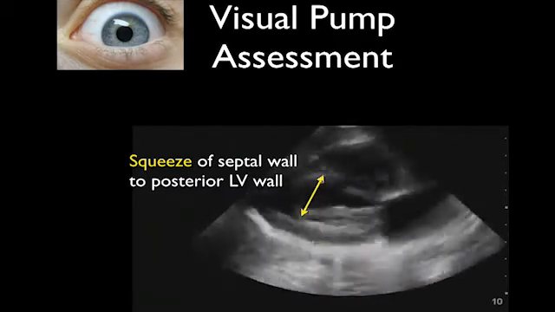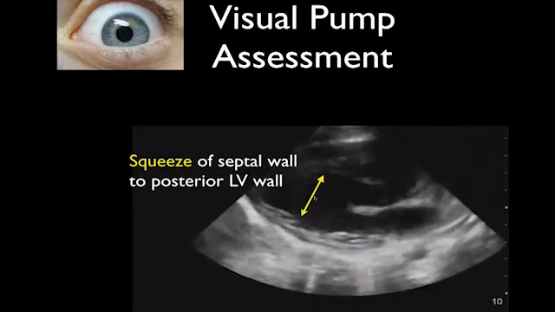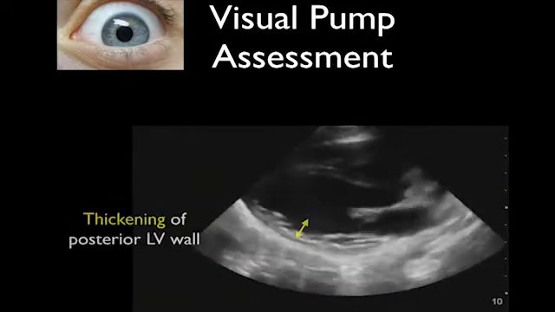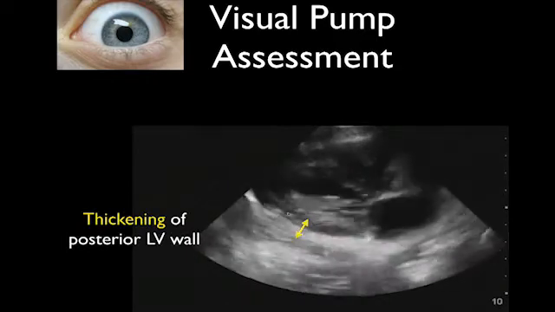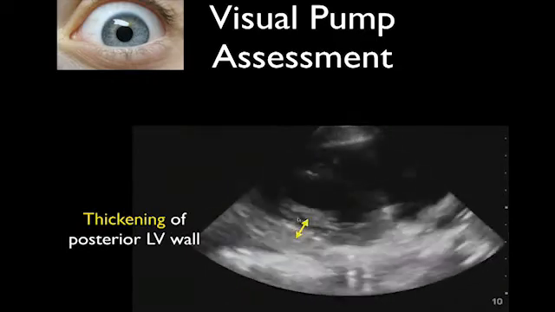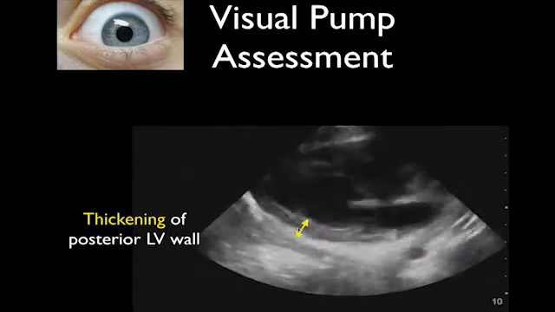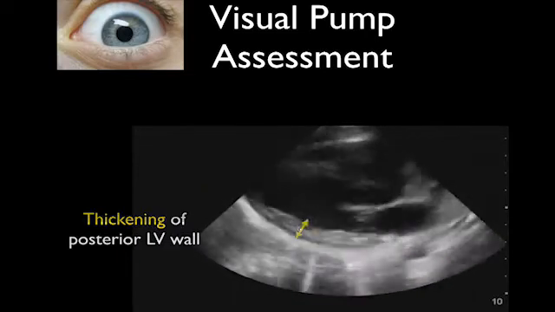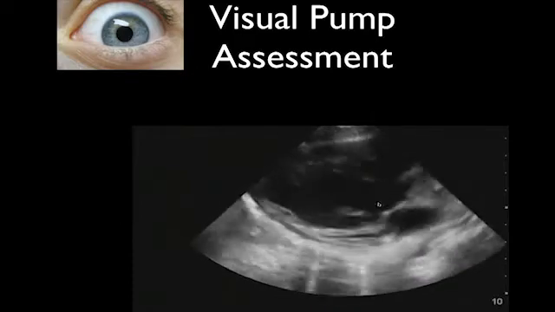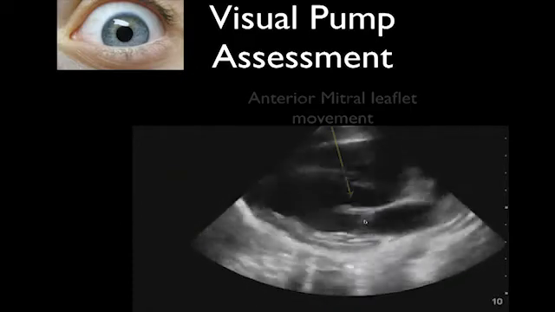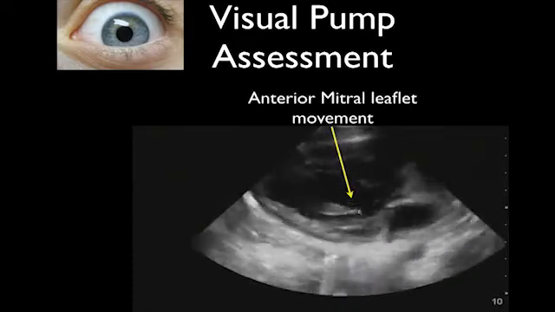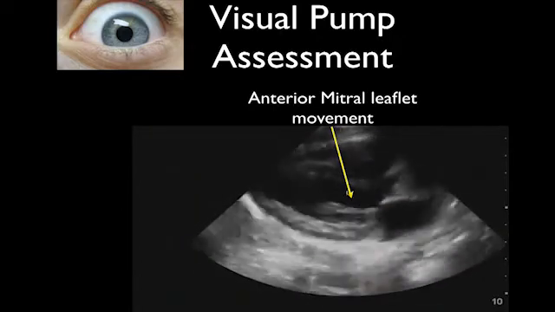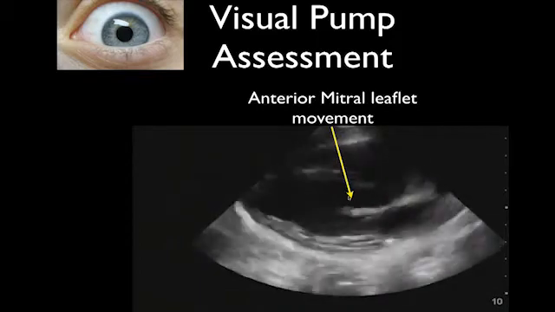You're looking at the cavity of the left ventricle, and how it changes with contraction. Then this posterior wall, you'll notice that with contraction, that wall gets thicker. So you're looking for that as a sign of adequate contractility. Now here, remember, this is the mitral valve. You're looking at the anterior leaflet of the mitral valve and how it moves, if it moves in the direction towards the septum. So those are the things.